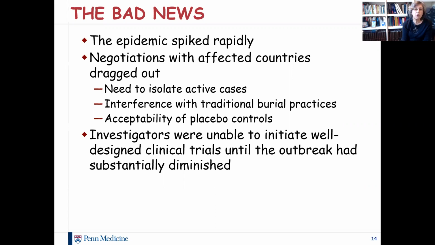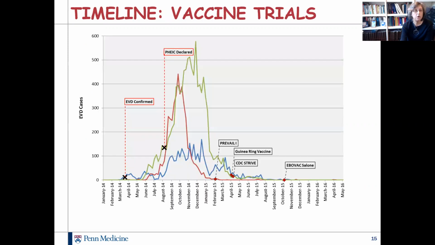So investigators were unable to actually initiate the clinical trials until the outbreak was almost over. And you can see that on this slide. This is the same slide I showed you before, the first identification of Ebola, the rapid spike, and the trials weren't initiated until over here, until the epidemic was almost over.